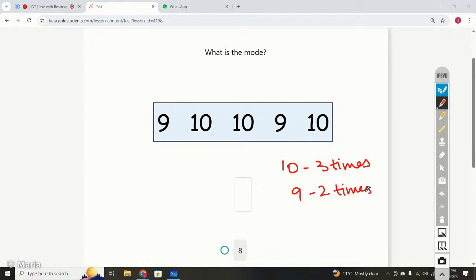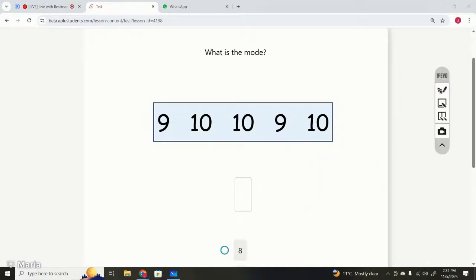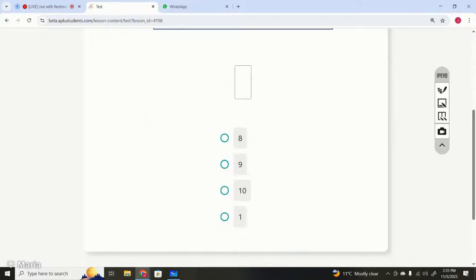And 9 appears two times. 10 is the number that appears the most. The correct option is 10. Option number 3 is the correct option.